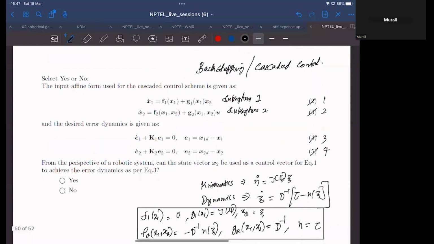For the first subsystem, x2 acts as an input, and for the second subsystem, u is basically the input.